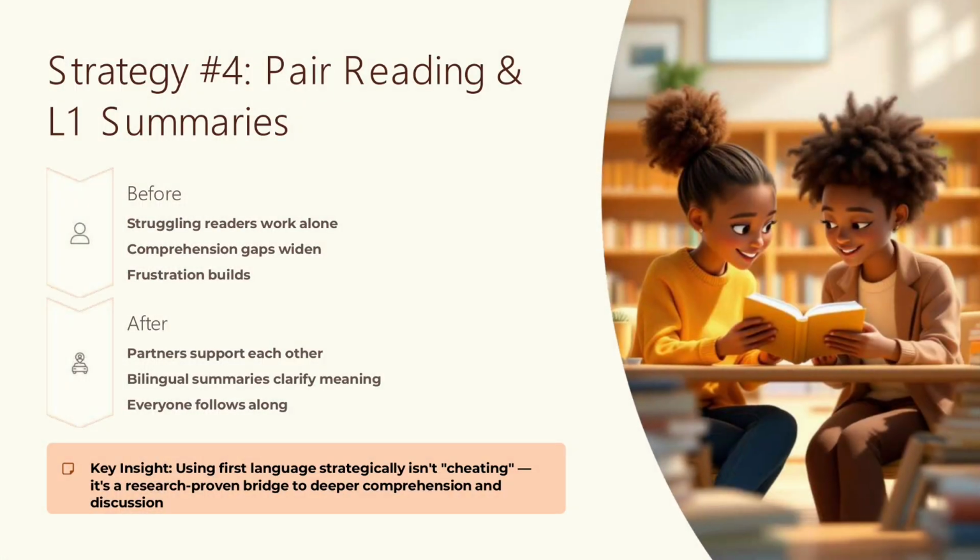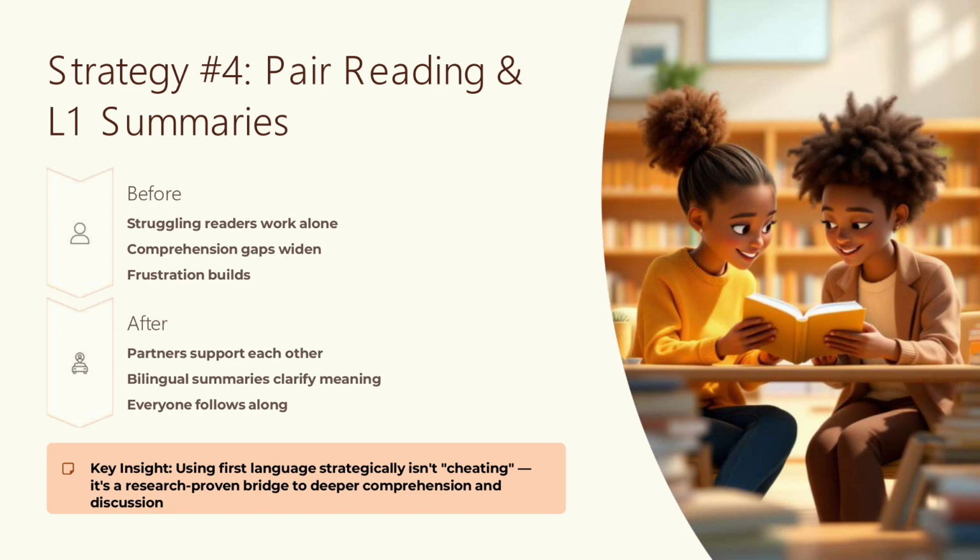When students read difficult text alone, weaker readers often stop at the first unknown word. Pair reading turns that struggle into teamwork. Picture 2 students sitting side by side, one stronger reader, one newcomer. They take turns reading paragraphs aloud, pausing to clarify.